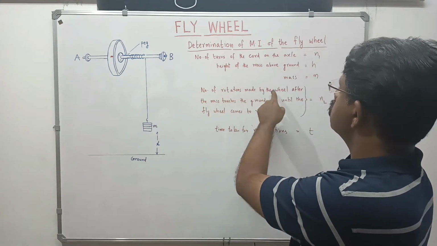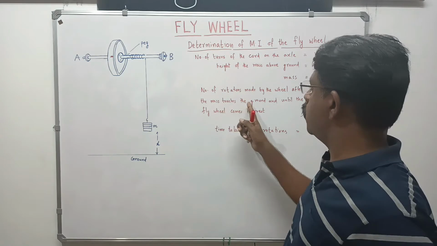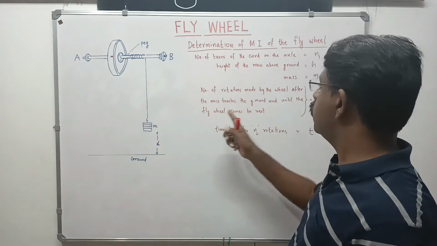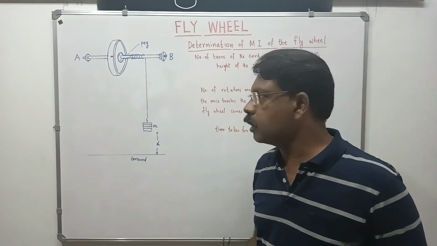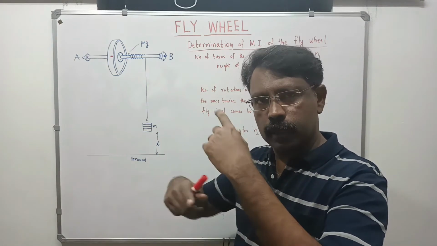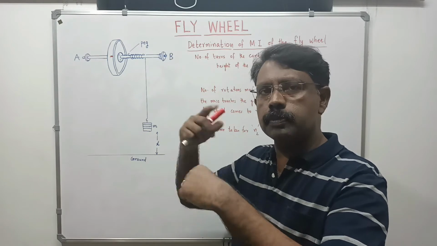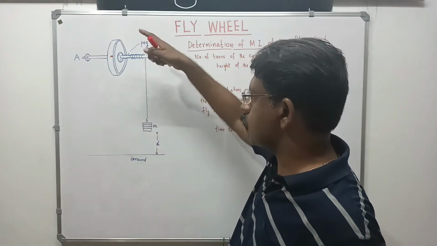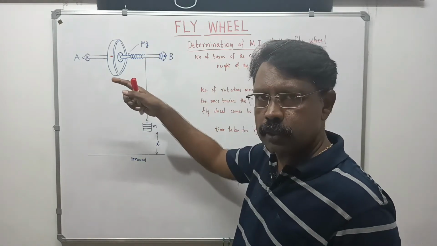The number of rotations made by the wheel after the mass touches the ground and until the flywheel comes to rest. After the mass comes to the ground, the flywheel will rotate. Slowly its speed will come down, and finally it will come to rest.